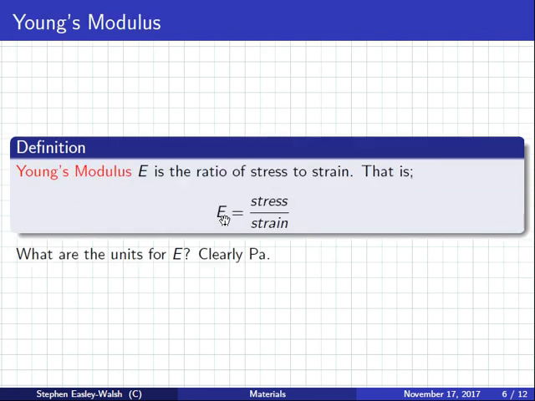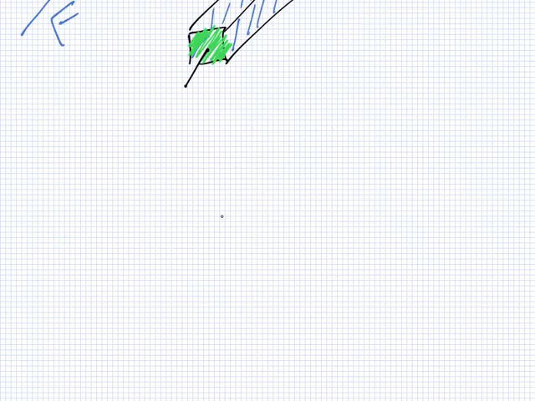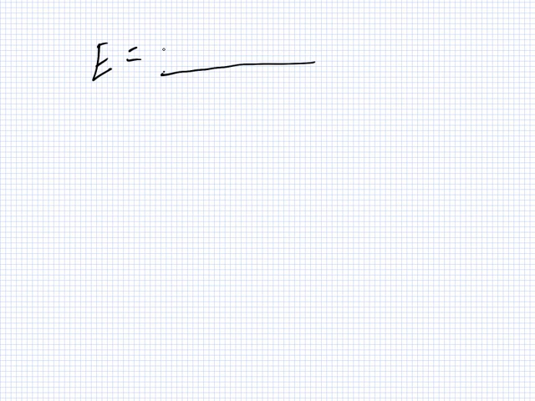Okay, so just before we go on to that, what exactly is Young's modulus telling us? Well, it's stress over strain. What's the formula for stress? Force per area. And strain? Extension over length. Now, because this is a stretchy material, we can probably use Hooke's law for the material.